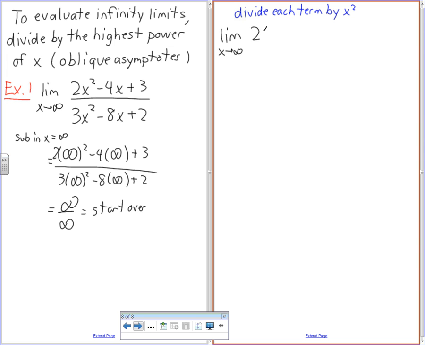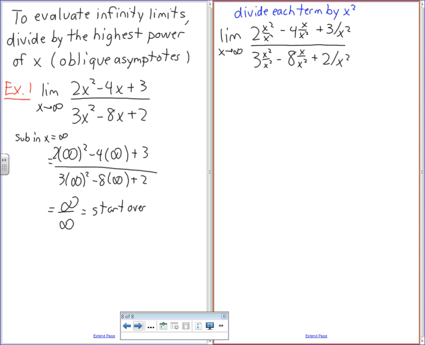So it's 2x squared over x squared minus 4x over x squared plus 3 over x squared, divided by 3x squared over x squared minus 8x over x squared plus 2 over x squared.